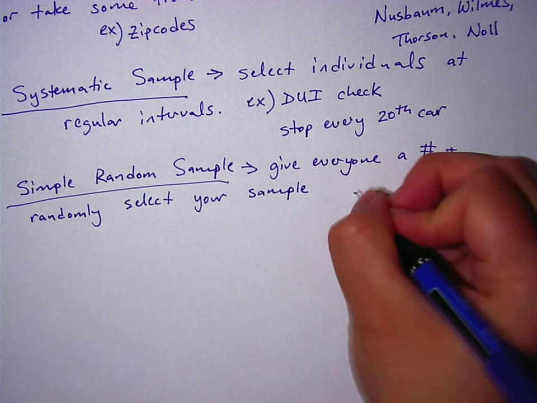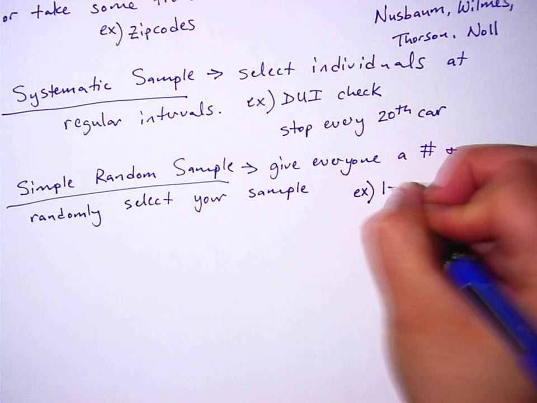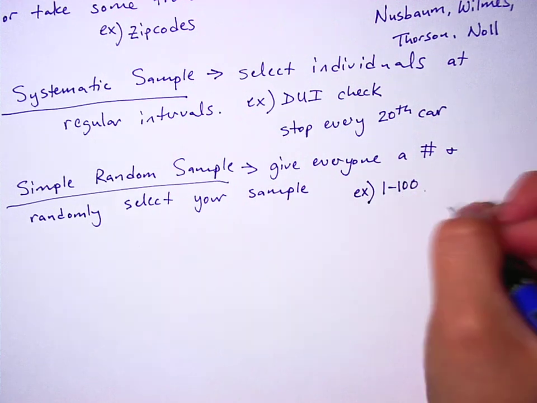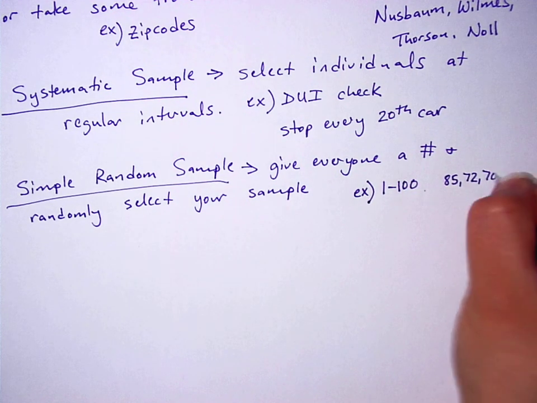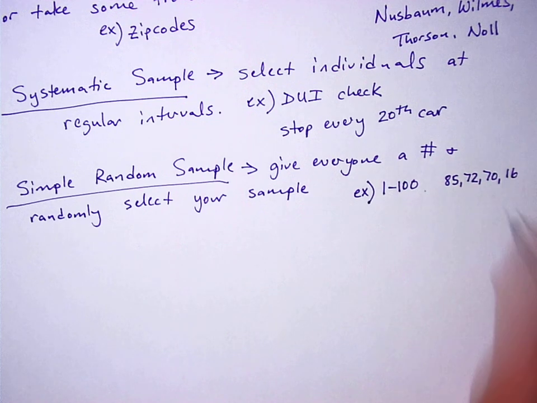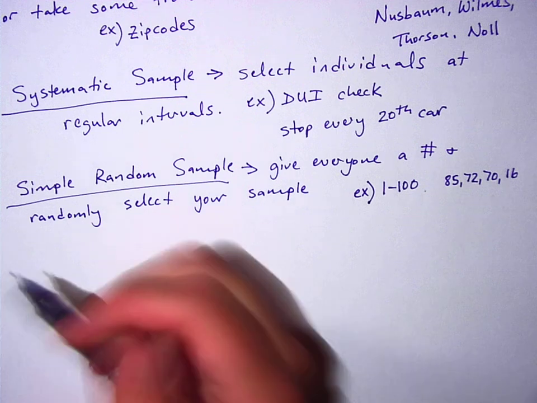So for example, if you give away the numbers 1 through 100, you could get back, I don't know, number 85, number 72, number 70, and number 16. And those are the people that you're going to ask in your sample. It's possible when you're doing a random number that you might get the same number twice, and we will be doing an activity like this later on.